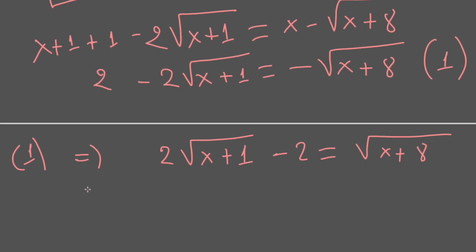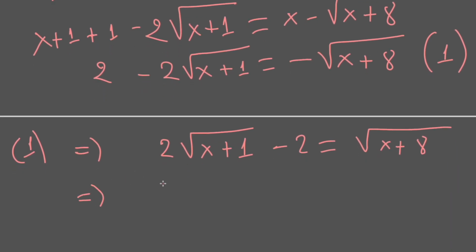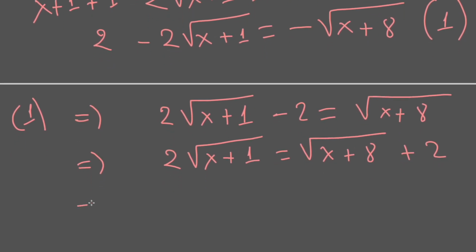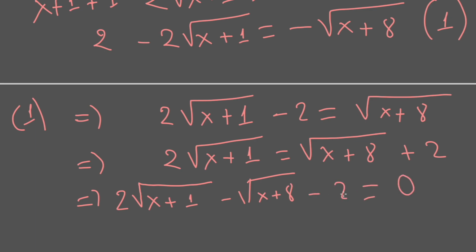That's the first one. Or the second one, we can move 2 square root of x plus 1 equal to square root of x plus a plus 2. Or even the last case, we can move everything to the left side like this, and keep the right side equal to 0.